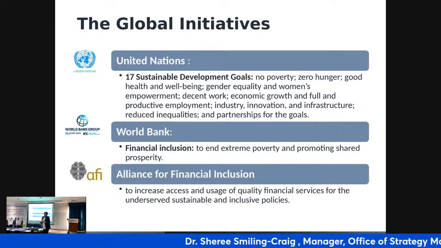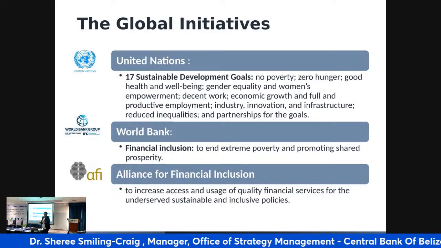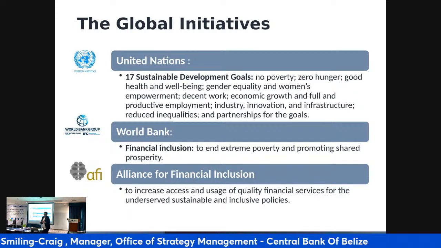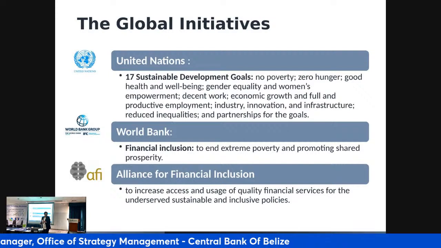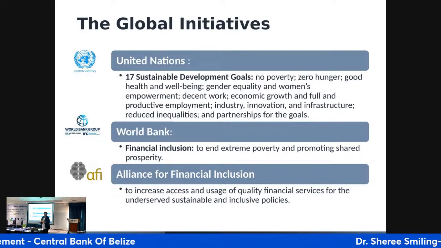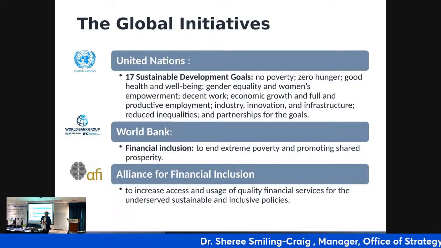There's also that highlight of productive employment, industry, innovation, infrastructure, keywords, and you've been hearing them over the last few days. So the World Bank itself has also been doing quite a bit.